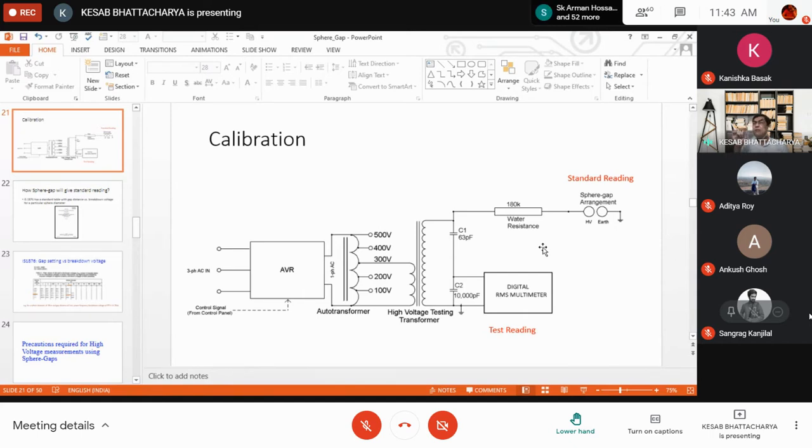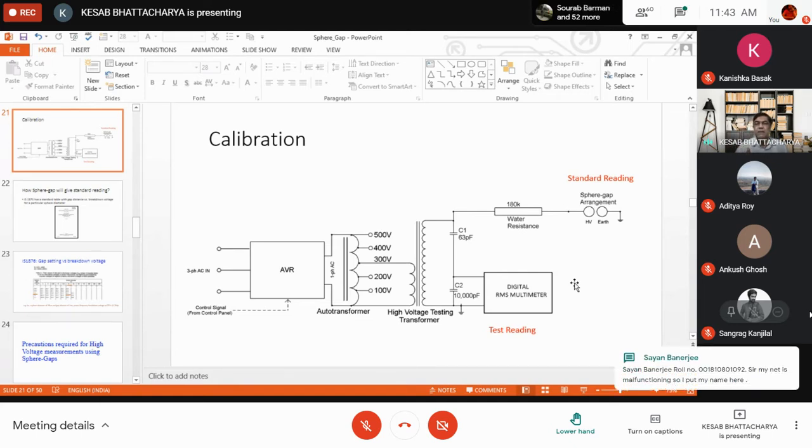The mean value of the breakdown voltage is recorded, and the corresponding digital RMS multimeter reading is also noted. So we have 6 voltages corresponding to 6 gap distances obtained from the IS specification, and 6 different readings recorded from this multimeter.